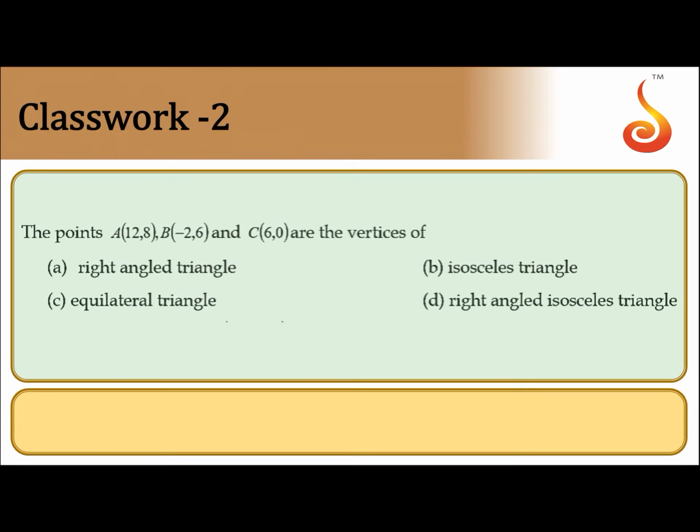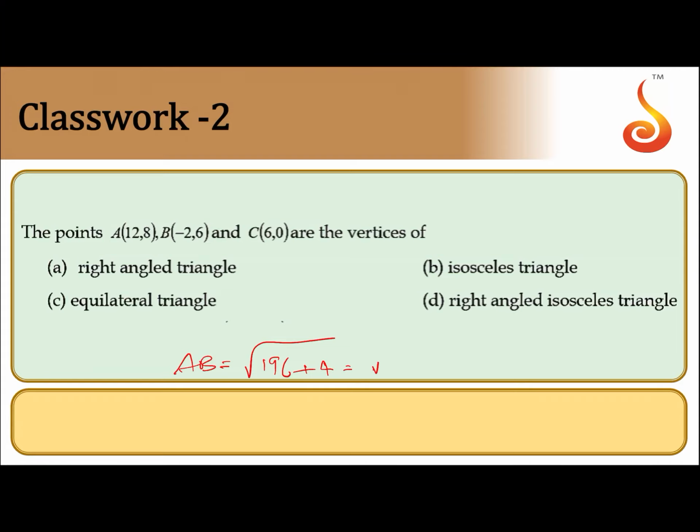Second one. The points are the vertices of which type of triangle. When you are asked which type of triangle, we can just measure the distances. First AB: the difference is 14, 14 square is 196, and the other difference is 2, square 4.